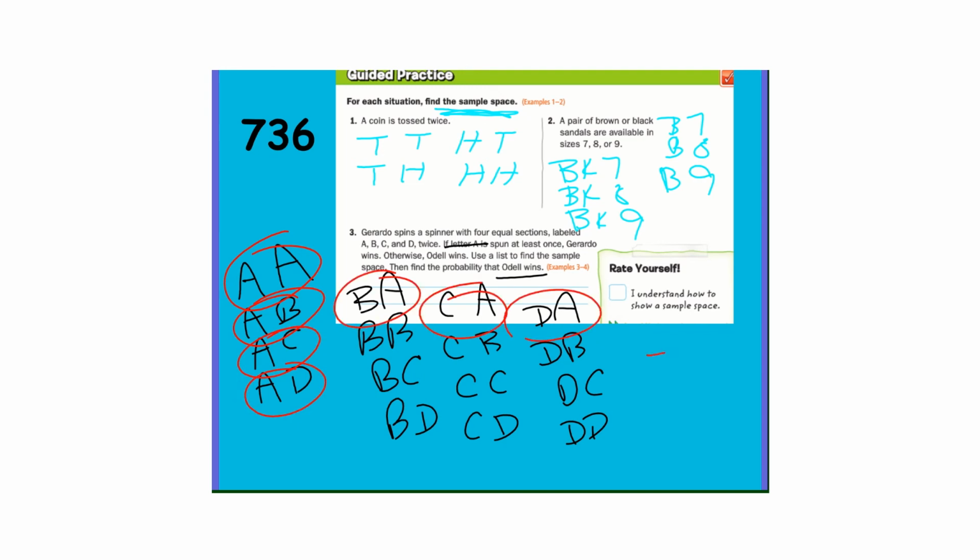So Gerardo is going to win 7 times out of 16. So if Gerardo wins this many times, what's the complement of that? The complement is Odell's going to win, and that's what the question is asking. So the answer to the question is 9 out of 16.